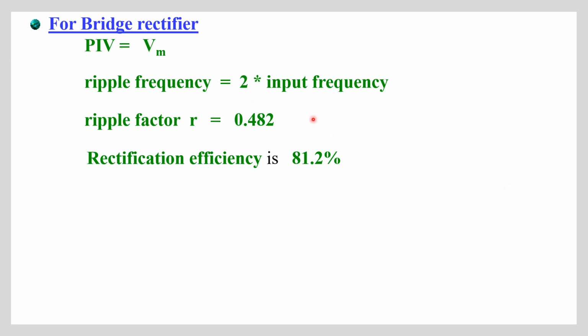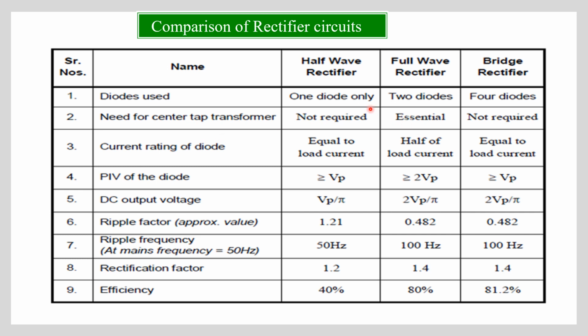The ripple frequency is twice that of the input frequency. The ripple factor is 0.482, same as the full wave rectifier, and the rectification efficiency is 81.2%.